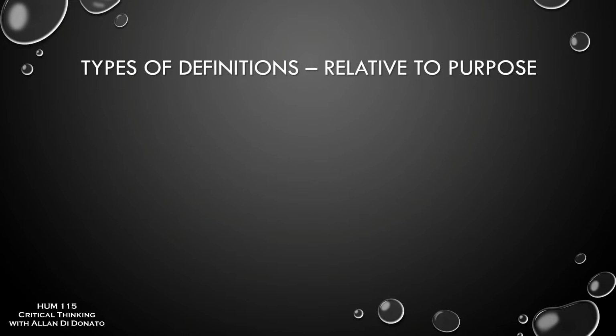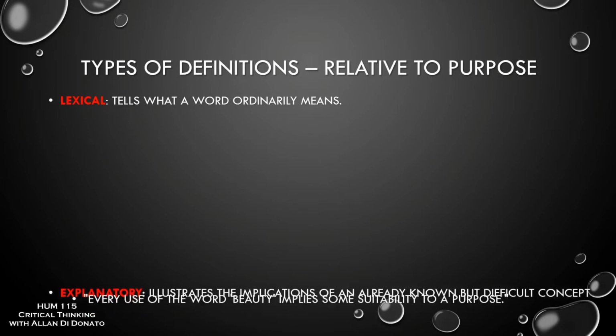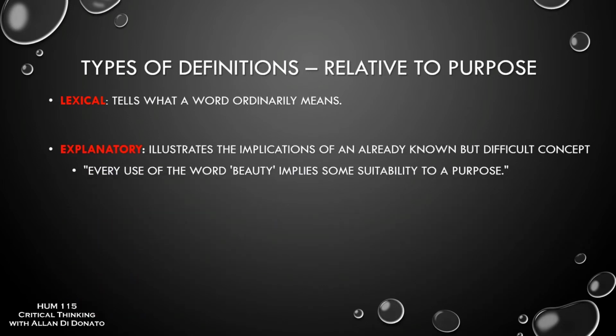So let's first talk about the types of definitions that are relative to purpose. A lexical definition is one that simply tells us the ordinary meaning of a word. This we could say is our dictionary definition. You've got an explanatory definition, which illustrates the implications of an already known but difficult concept. And I'll give you examples for some of these. Every use of the word beauty implies some suitability to a purpose.